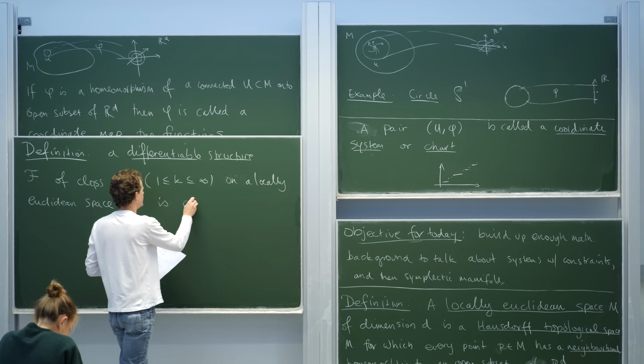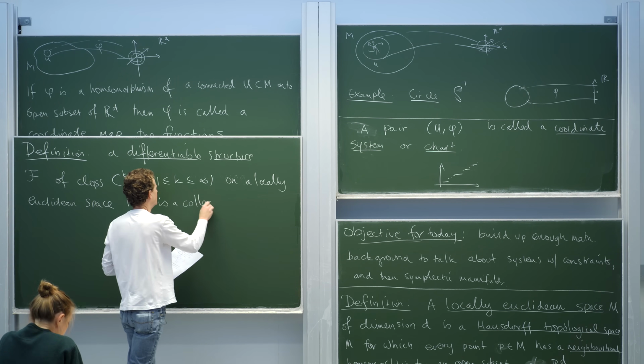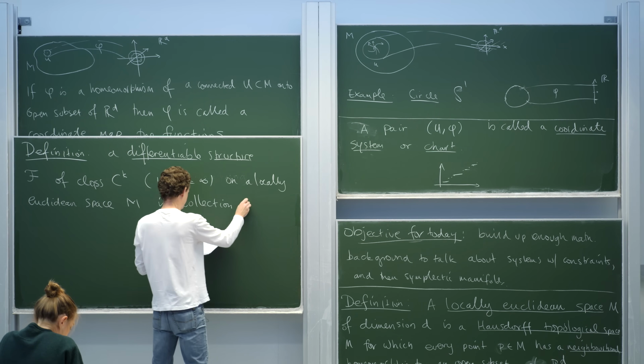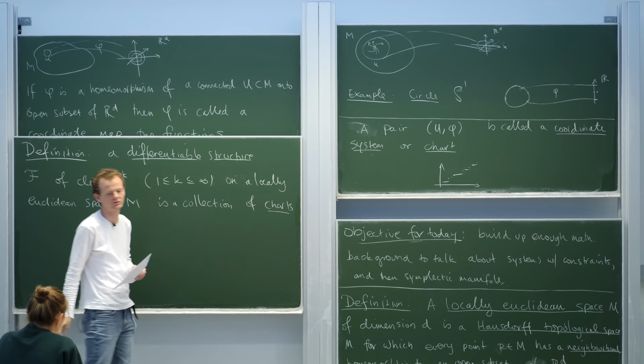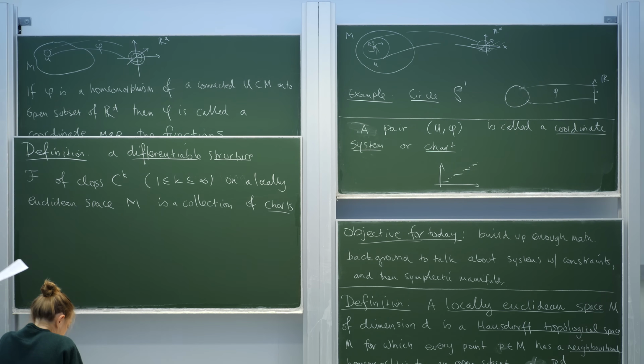What is it? It's a collection, a bunch of charts. I just write charts instead of coordinate systems because it's shorter to write the word chart than coordinate system every time.